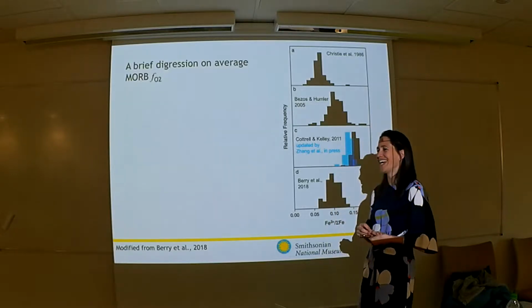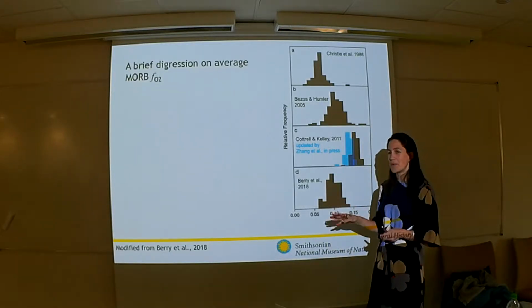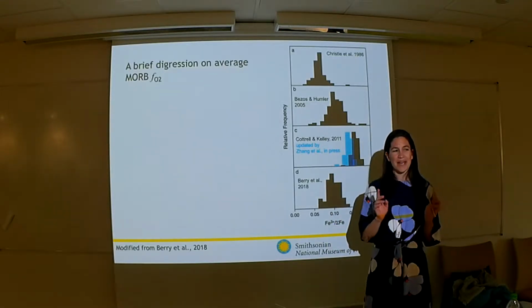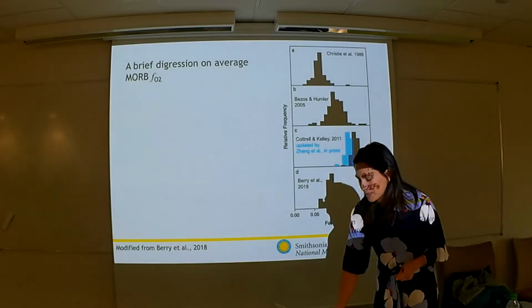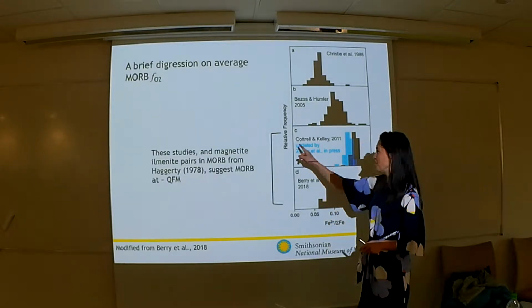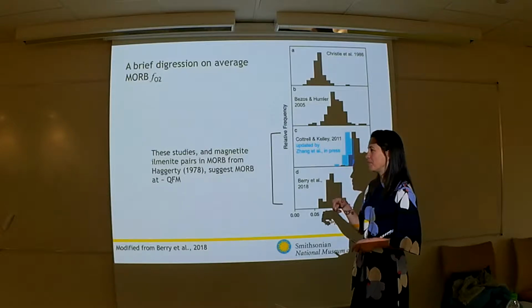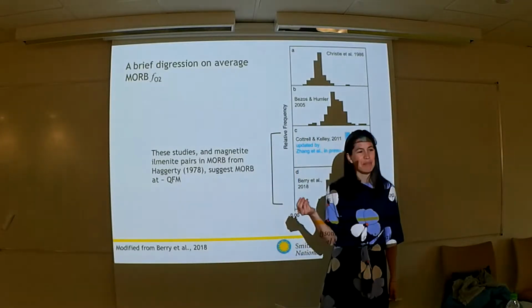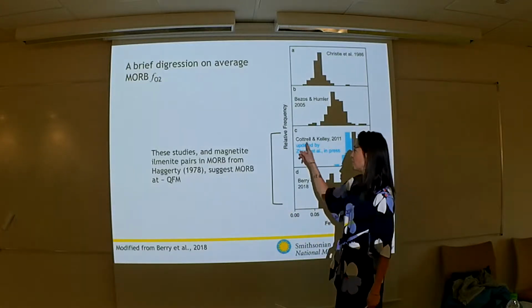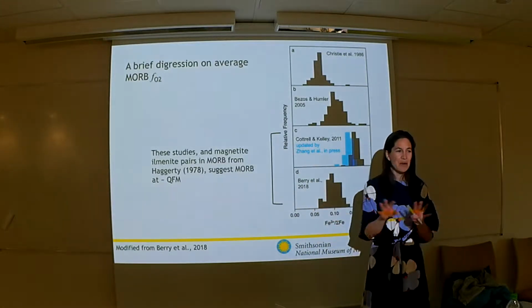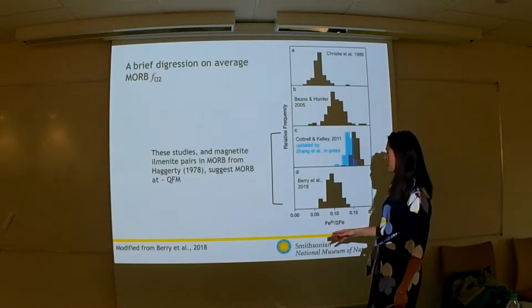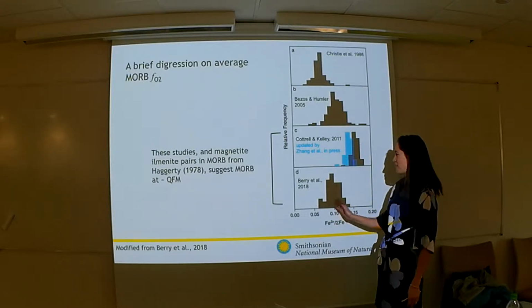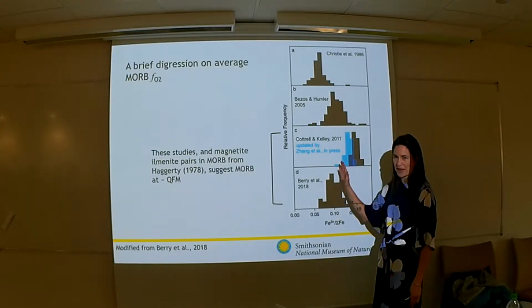Okay. So that's different, but interestingly, there's still broad agreement, because both of these studies agree with going back to 1978, looking at magnetite-ilmenite pairs in MORB, that these are both at QFM. Now I know that won't make sense, because how can 10% be QFM and 14% be QFM?